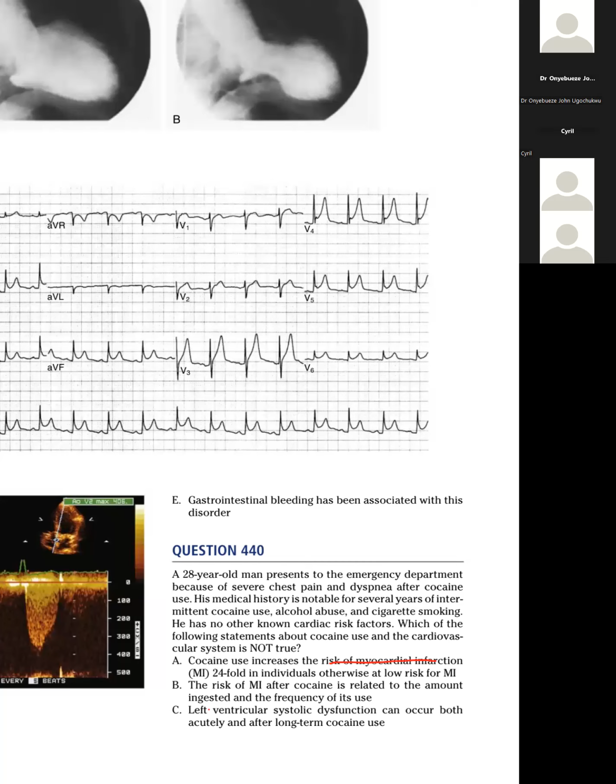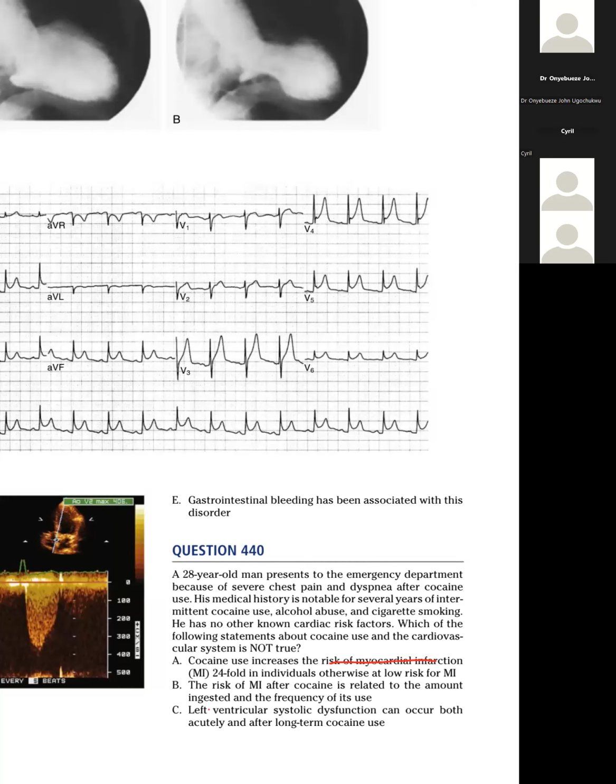A is out because I'm certain it is true. Now the thing remains between B and C. Let's go to C. Left ventricular systolic dysfunction can occur both acutely and after long-term cocaine use. Of course, acute left ventricular dysfunction can, after a long time, become chronic left ventricular dysfunction.